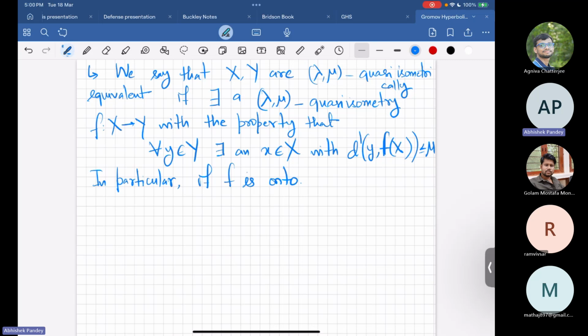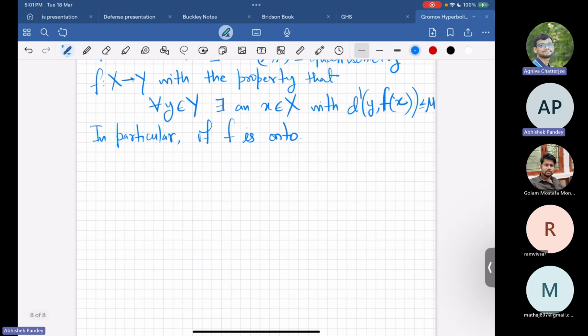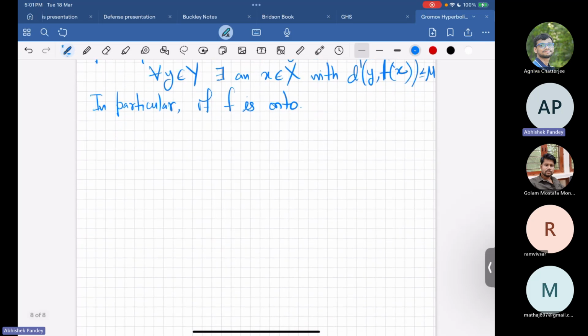So this is going to be less than or equal to mu. Sorry, I was writing f of x. Okay, fine.